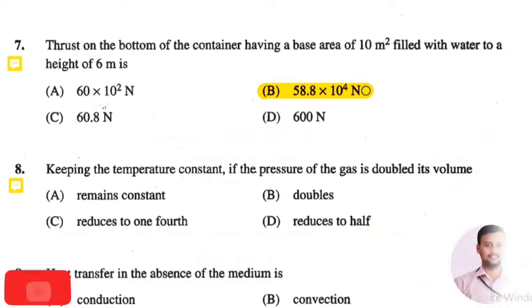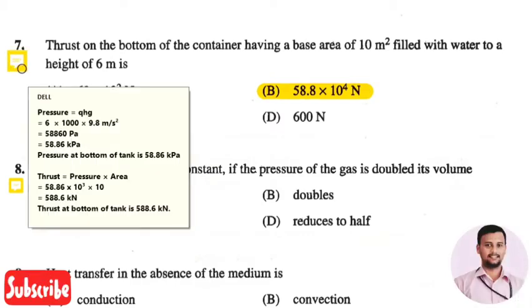Rho is the density of the liquid, h is the height of the liquid in the container, g is the gravitational constant. The h is already given and water is given as the fluid. So 6 into 1000 into 9.81 gives us a pressure of 58.86 kilopascal. So that is the pressure.